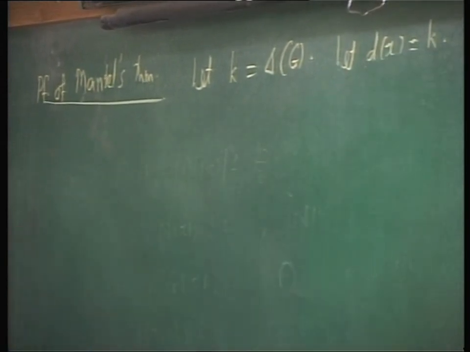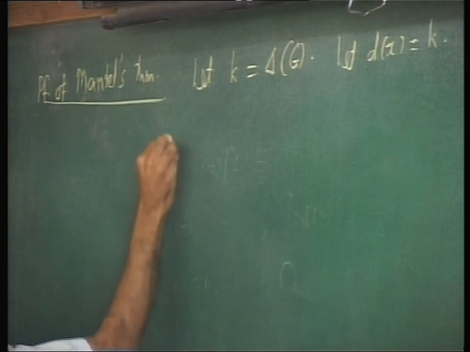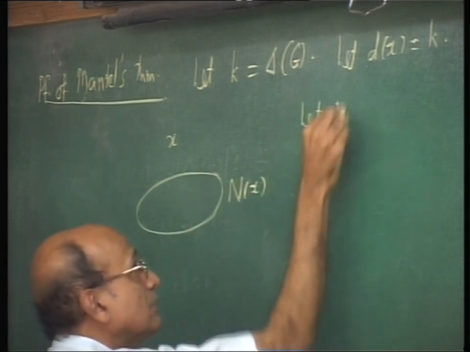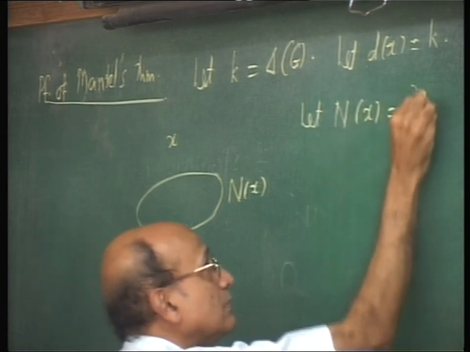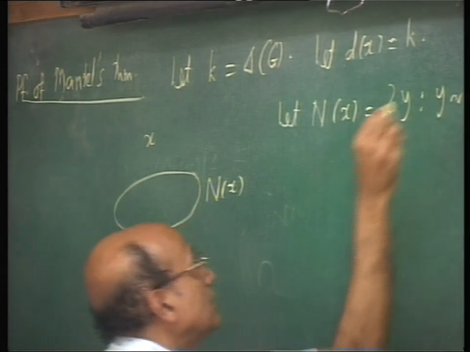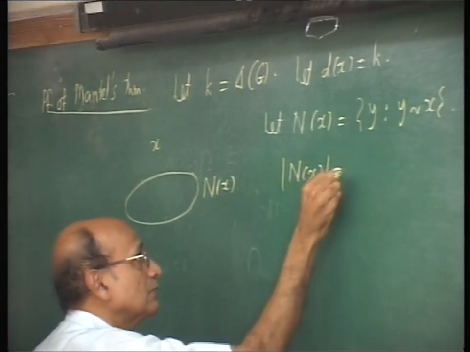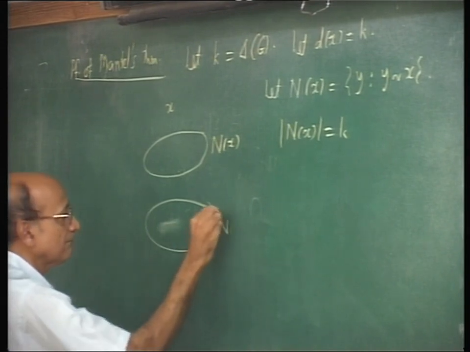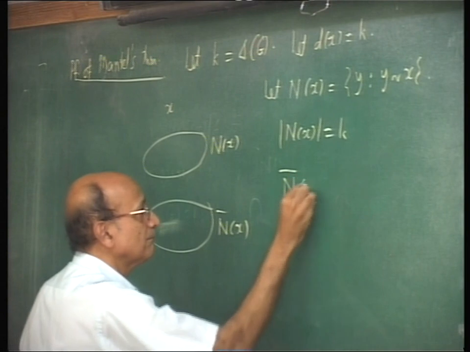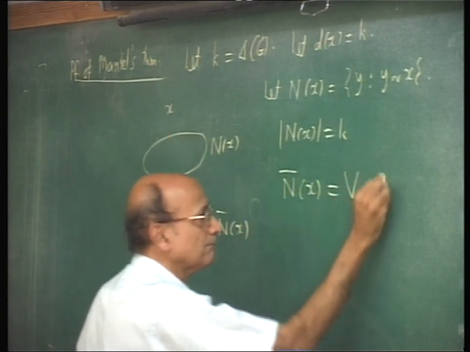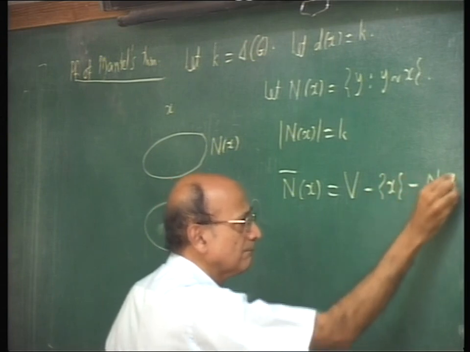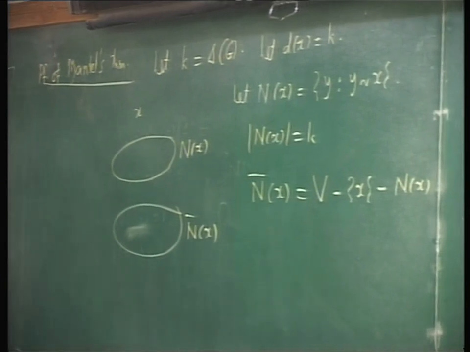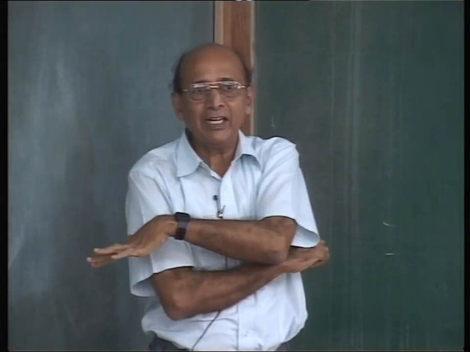So there is a vertex x whose degree is k. So there is a 3-tier system that we have created: the vertex itself, the neighborhood of that vertex, and the remaining vertices.